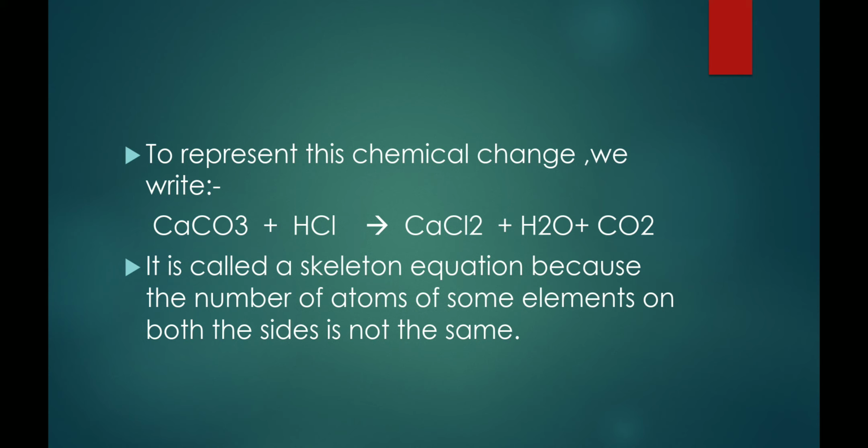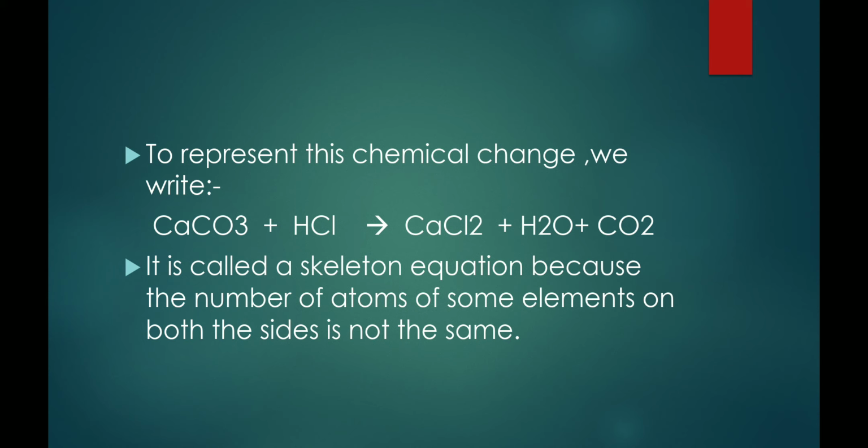This equation is called a skeleton equation. Why? Because the number of atoms of some elements on both sides is not the same. For example, on the left hand side, the number of chlorine atoms is only 1, whereas on the right hand side, the number of chlorine atoms is 2.